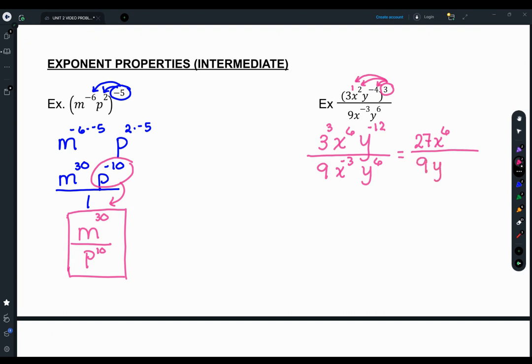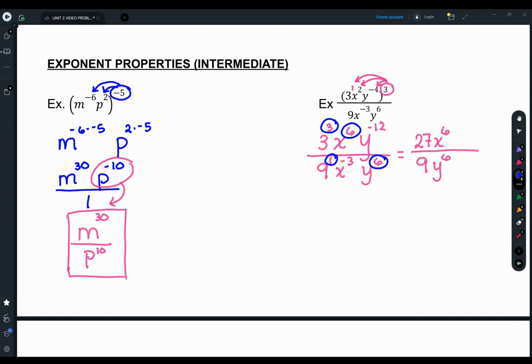So you'll notice that the 3 is a positive exponent on the 3. So we're just going to do 27. 9 has a positive exponent of 1 because there's nothing there. And then we have a positive exponent of 6 on the x, so it stays up top. We have a positive exponent of 6 on the y, so it stays on the bottom.